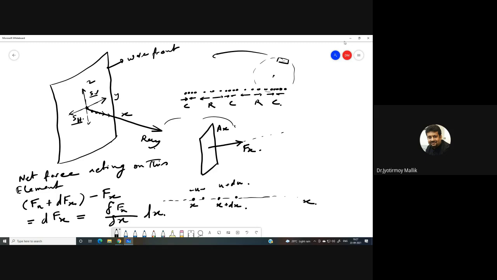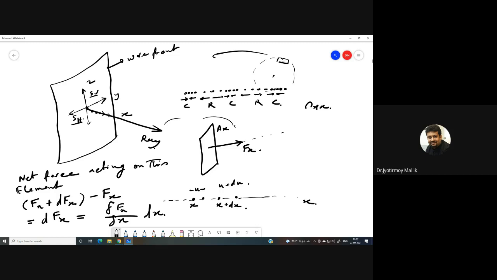Now Fx is caused by the stress element sigma xx. Let us say the stress acting on this element is sigma xx, and that is acting on the area Ax.